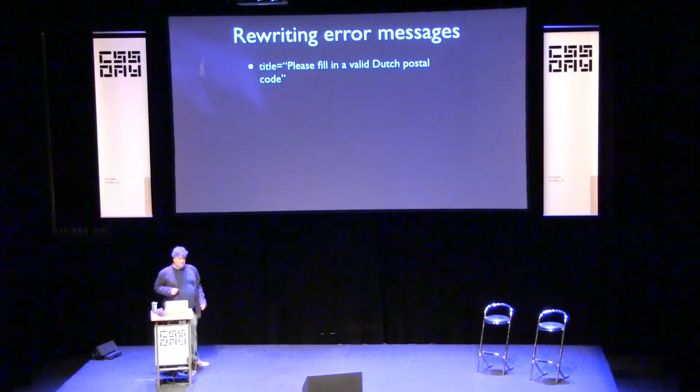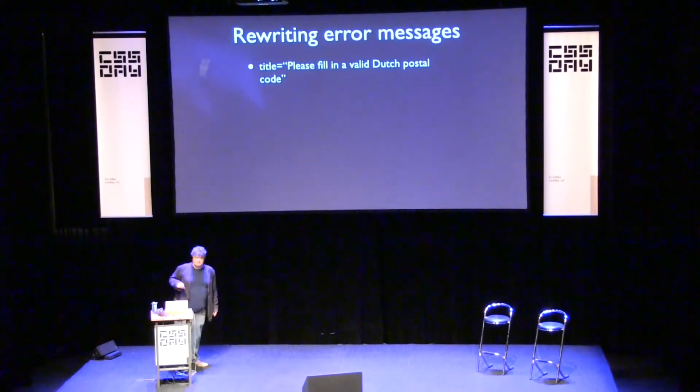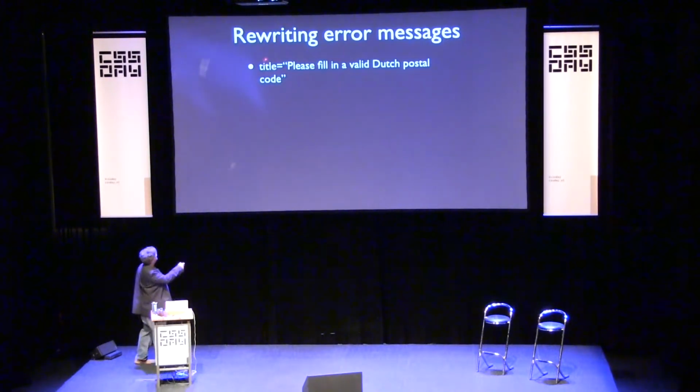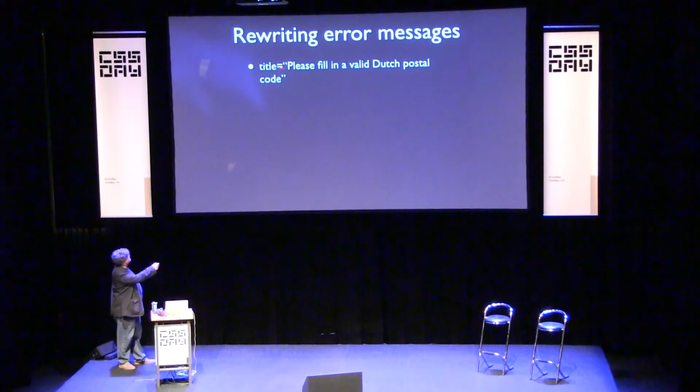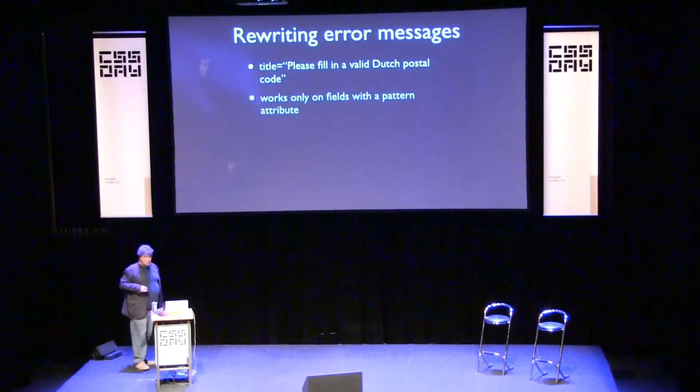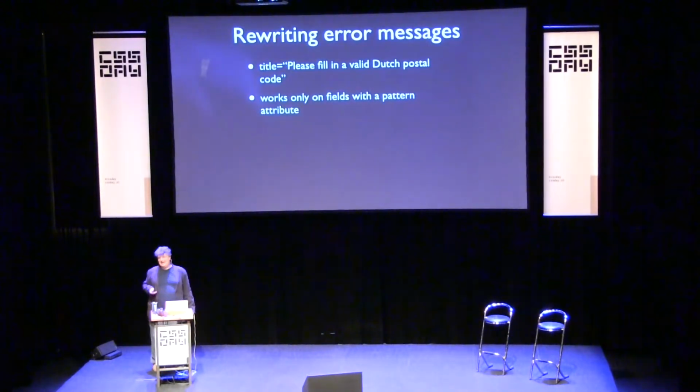There's one more way of rewriting error messages, and there's sometimes a bit of confusion around this. You can set a simple title with an error message or a help message, but such a title works only on fields with a pattern attribute. It works nowhere else. So if you actually have a pattern, you can use this.